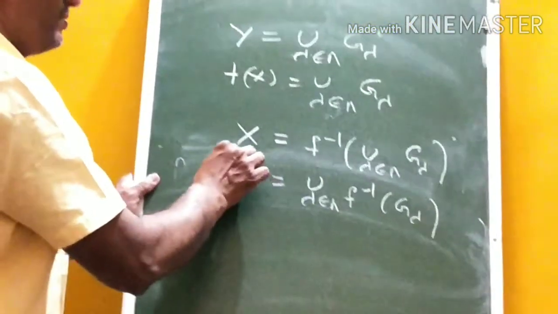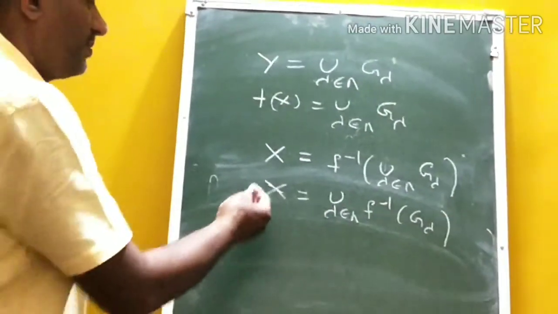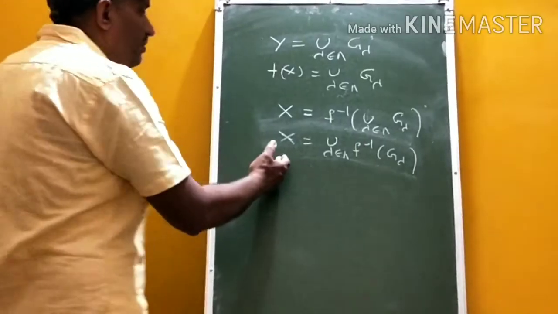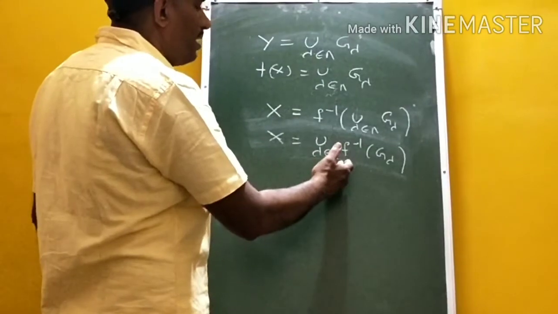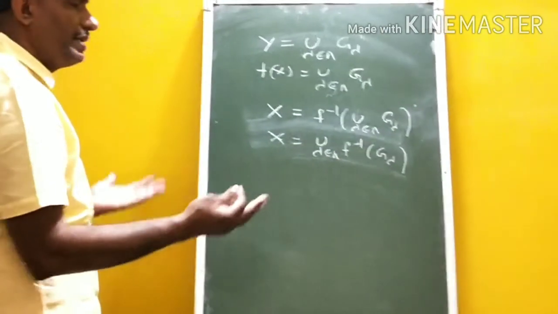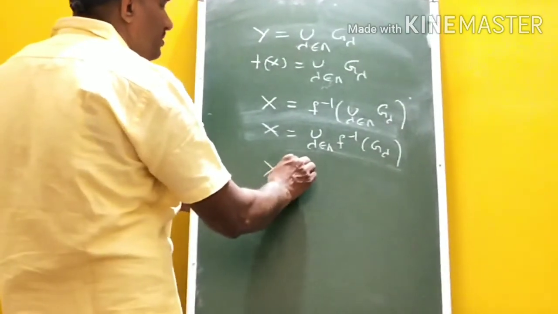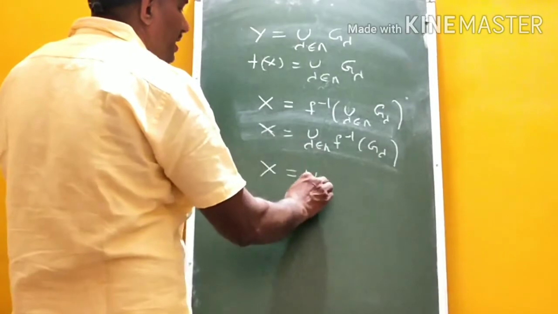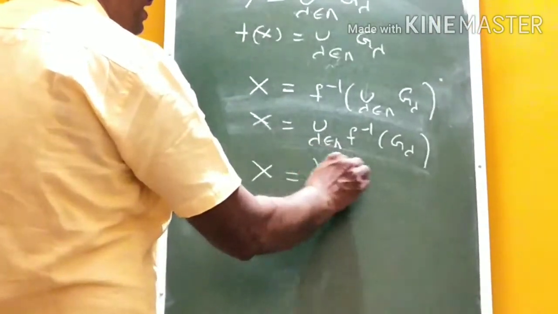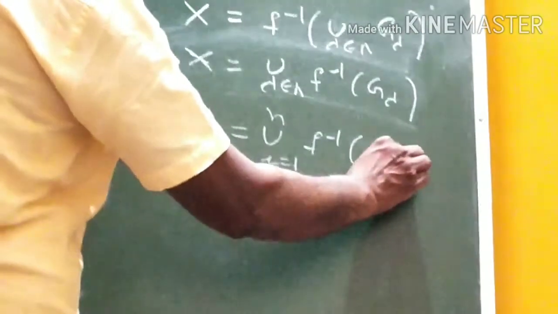X is given to be compact, so it has a finite subcover. So X can be written as X equal to union i from 1 to n f inverse G lambda i, because X is compact.